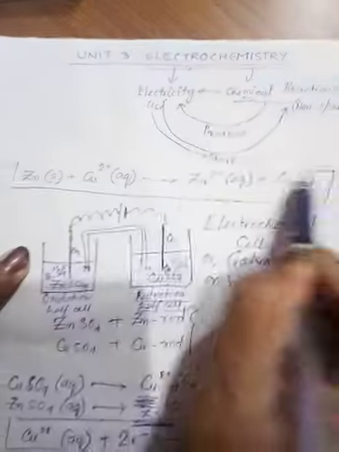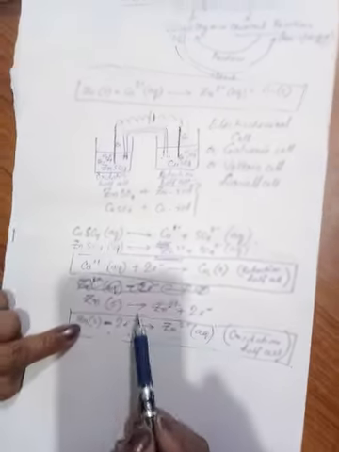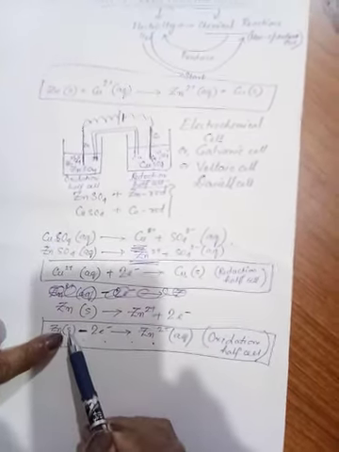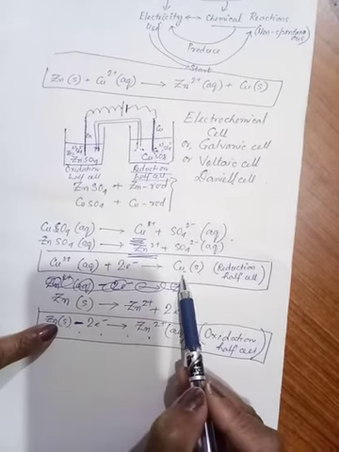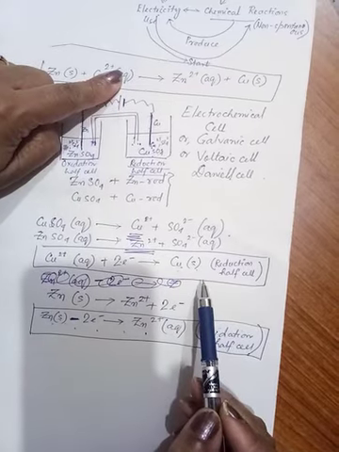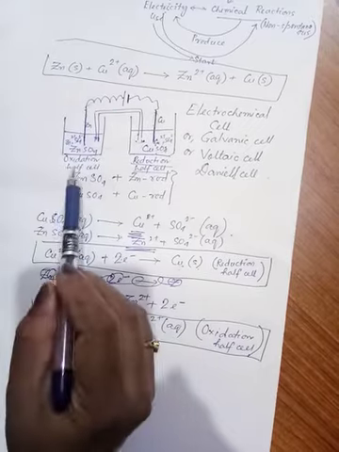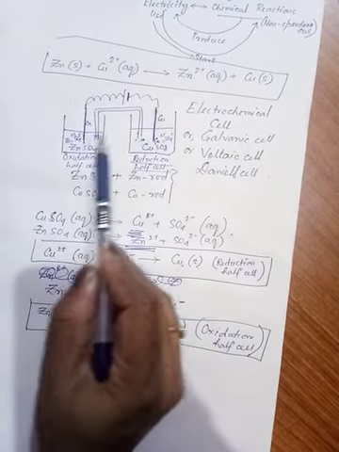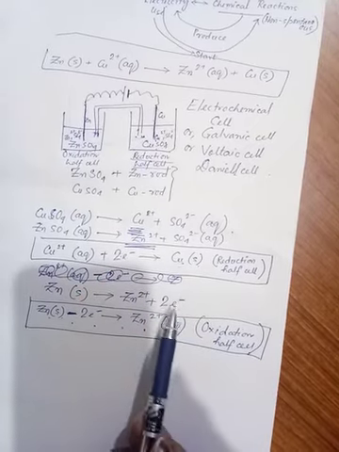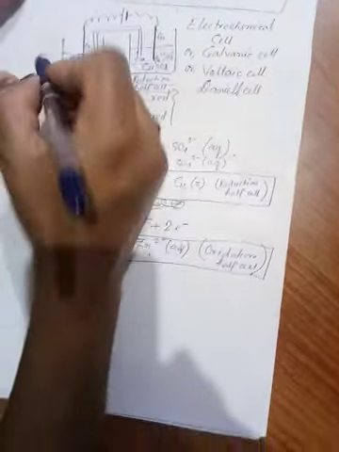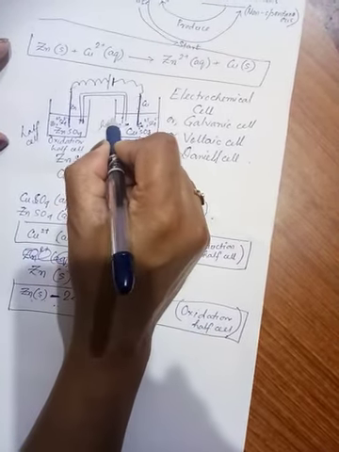You can see the 2 electrons and 2 electrons will get cancelled, and Zn(s) plus Cu2+ aqueous will give you Zn2+ aqueous plus Cu(s). So we get our final equation. This is what is happening in the Daniell cell. Two half reactions: on one side this is occurring and on the other side that is occurring. So you get your electrochemical cell. This is one half cell. This is another half cell.